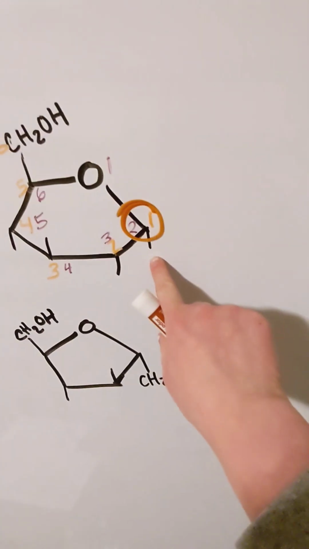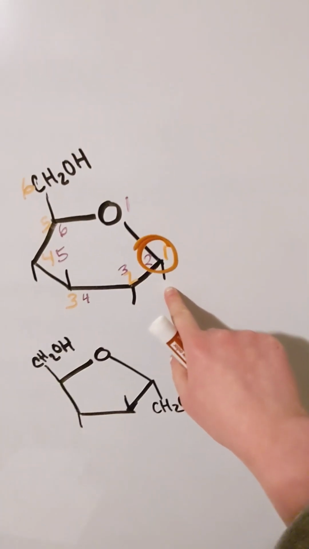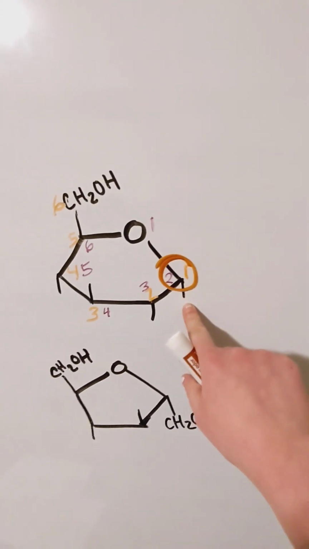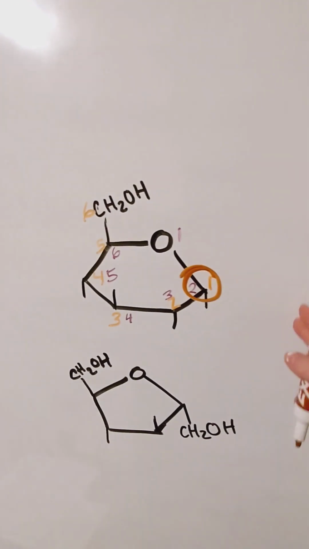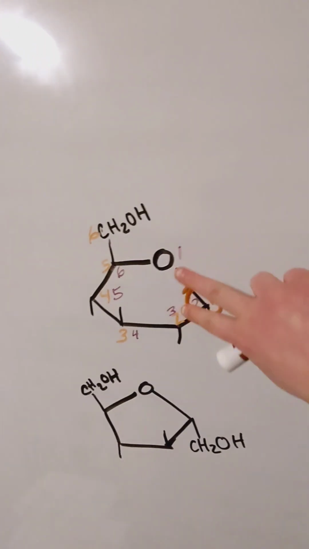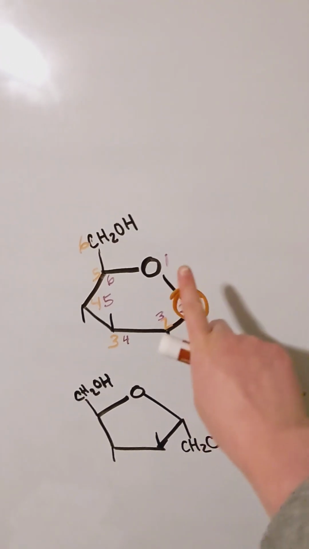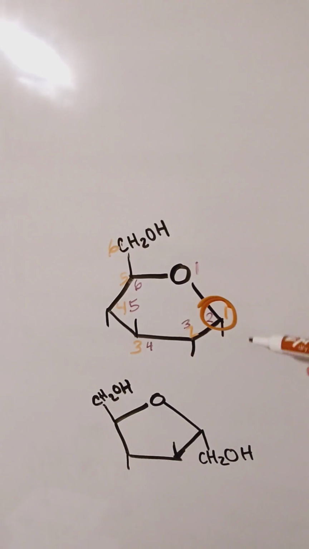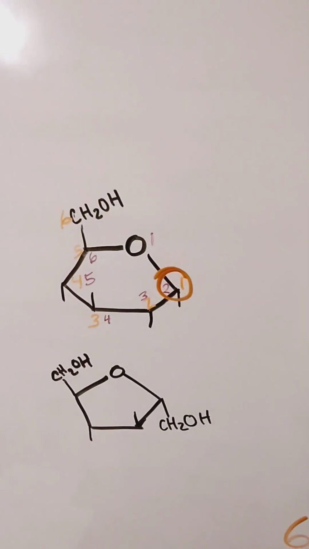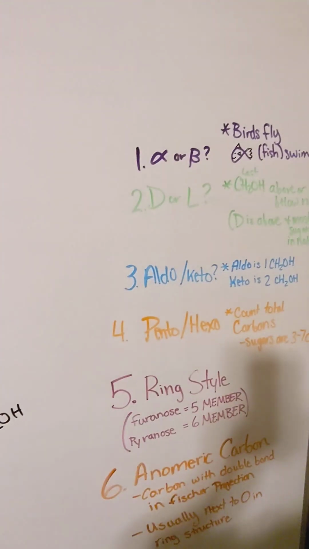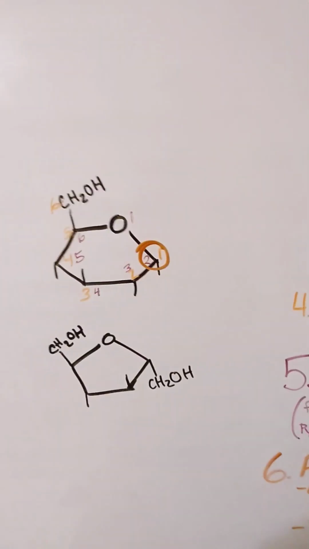That is because this OH group was the last one to form, which means it's the first one to break off. Our sugars flip from being a ring to being that straight Fischer projection. This end will open up, flip, rebond, and then come back, open up, and flip back the other way. So it switches between alpha and beta, and at any point it's 50% alpha, 50% beta. That's why we care about alpha or beta to begin with.